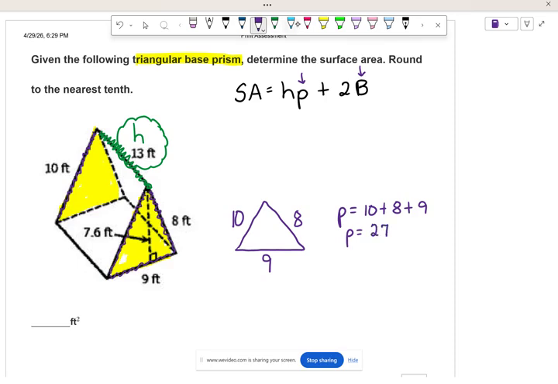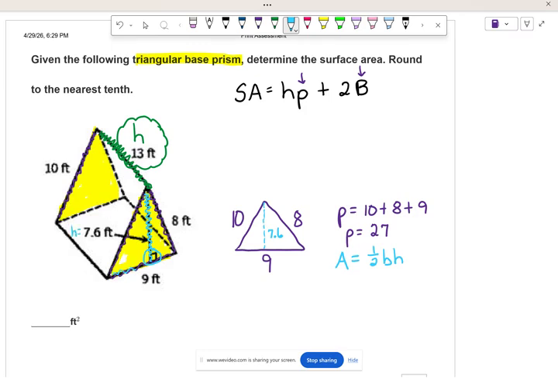Now we've got to fill in the height of the triangle. That would be the 7.6. To calculate the area of a triangle, you do 1/2 base times height. The important thing about the base and the height of the triangle is that they're the two that meet at the right angle. That 7.6 touches the right angle as the height.